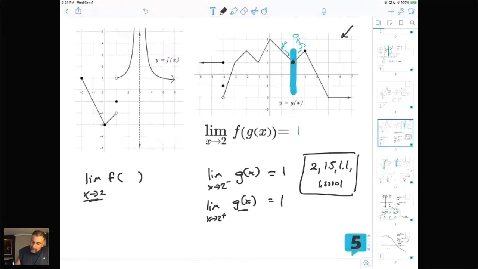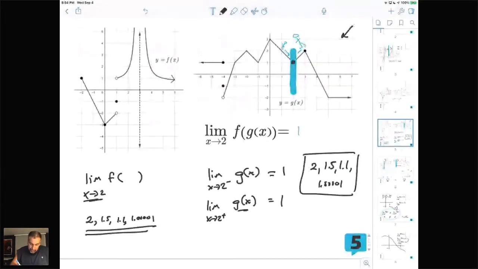Now we have to take on what's the g of x doing. And the g of x is making us run through the numbers 2, 1.5, 1.1, and 1.0001. So if we look at what happens to this function as we follow this pattern of numbers, that means we're approaching 2 from this side right here. That's how we're approaching 2.